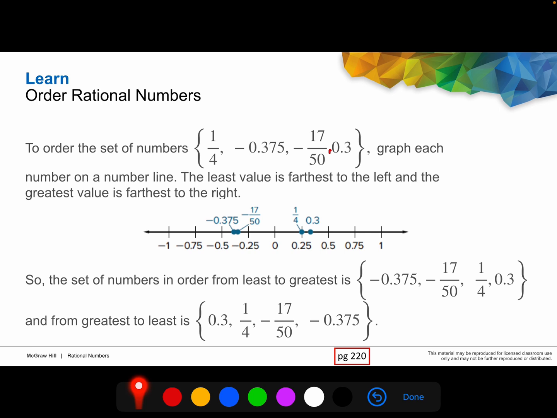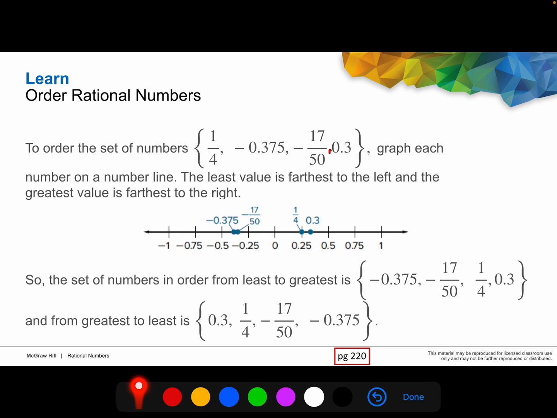So you can see that the absolute value of negative 0.375 is greater than that of negative 0.34. So that's farther away. So you have negative 0.375 followed by negative 17/50. And then you have 1/4, which has a decimal value of 0.25. And then we have 0.3. So the set of numbers in order from least to greatest is negative 0.375, negative 17/50, 1/4, and 0.3. And to order it from greatest to least, we go in the reverse order.